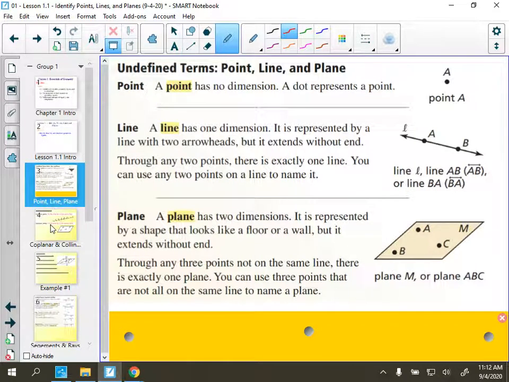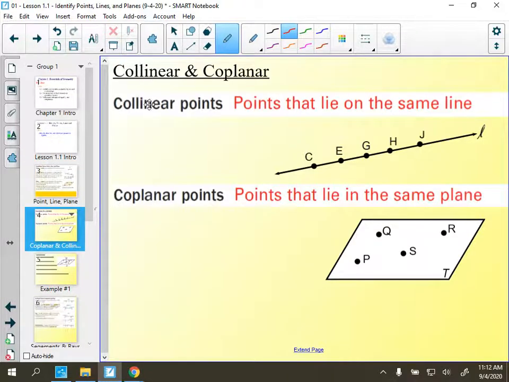All right, building on that, still really just extensions of some of those definitions. When we say collinear or coplanar, it means we're talking about multiple points. Collinear is referring to points that lie on the same line. Using some of the information we just covered, this line L would be one way to talk about this particular line right here.